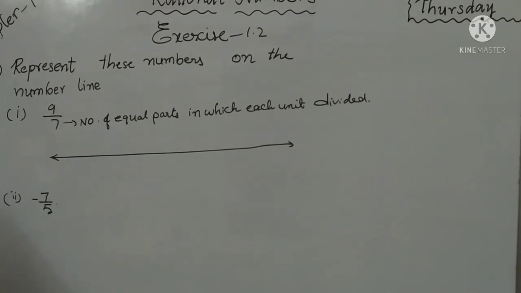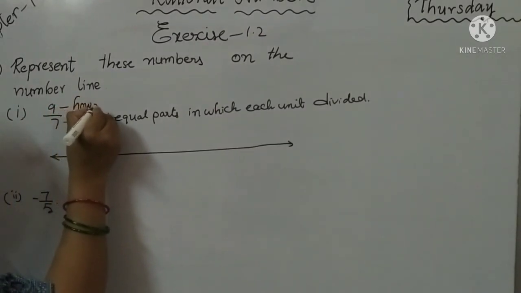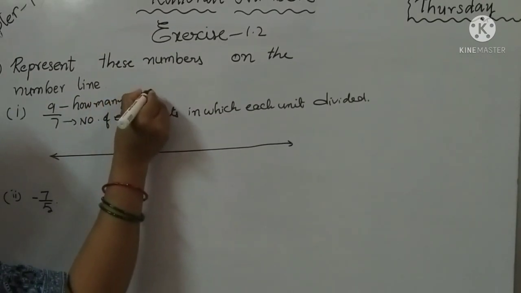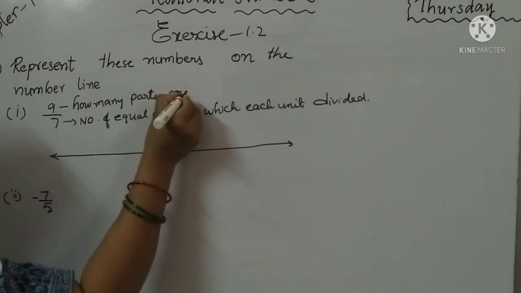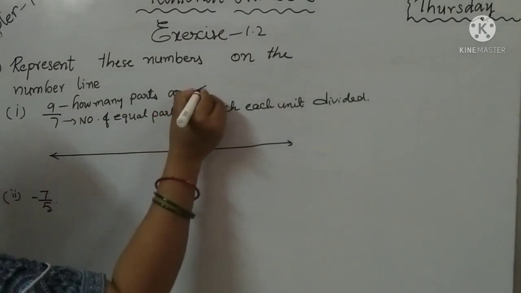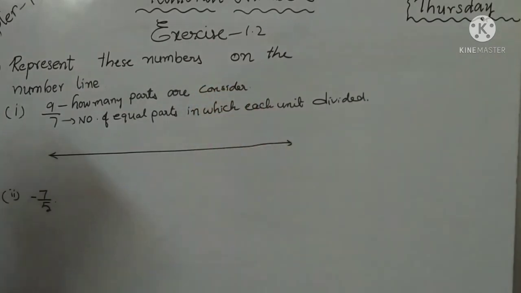The numerator tells how many of these parts are considered. Okay.